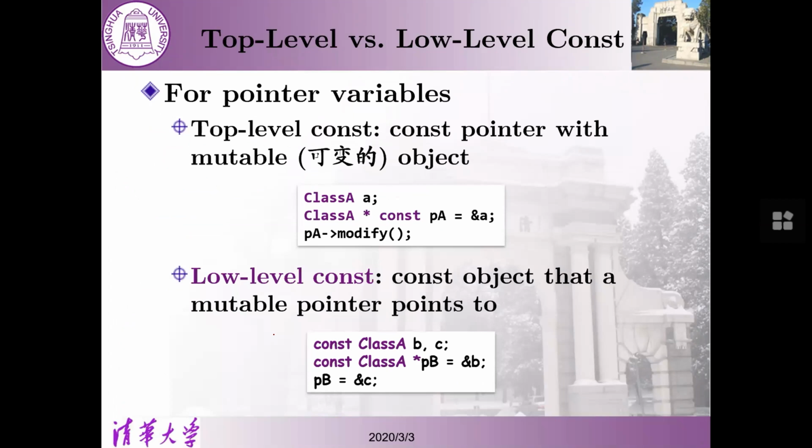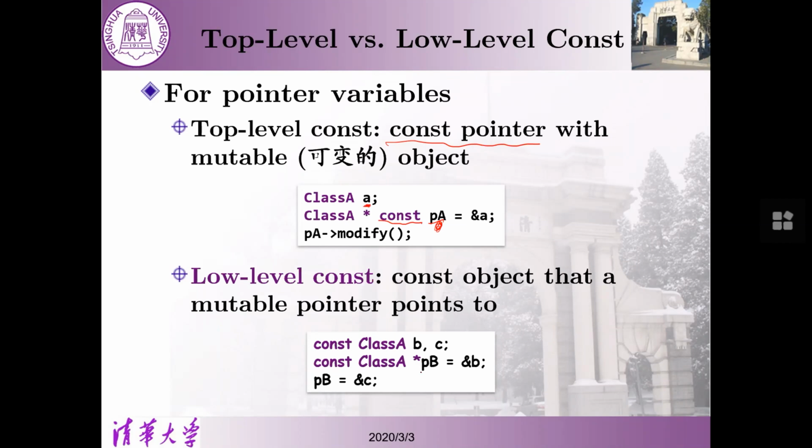Then there's top level and low level const. So we can define const in two ways. One is here. This is called top level. This is const pointer to a mutable object. That means this pointer is const, the value of the pointer is const, but the object is mutable. We can modify the object. And low level const is a const object that a mutable pointer points to.